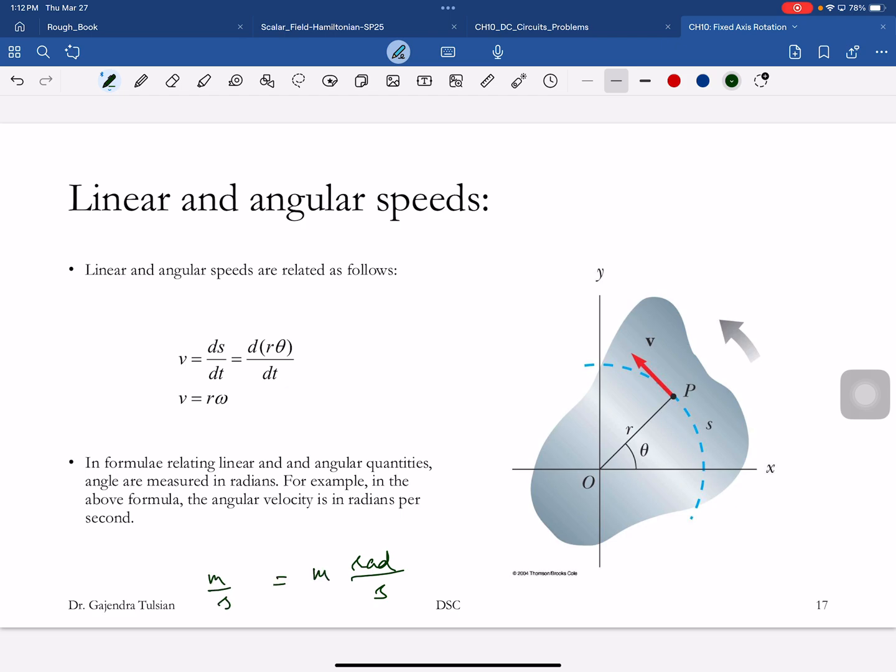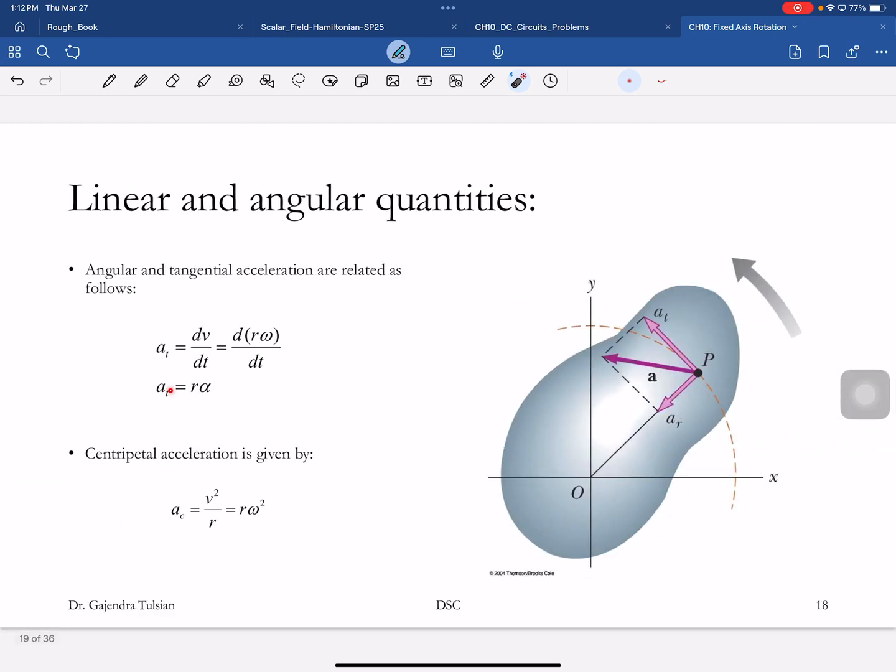What happened to the radians? It's a unitless dimension. Very good. Radian was just a label, remember? It's dimensionless. So here's what I want you to remember. In formulas relating linear and angular quantities, angles are measured in radians.